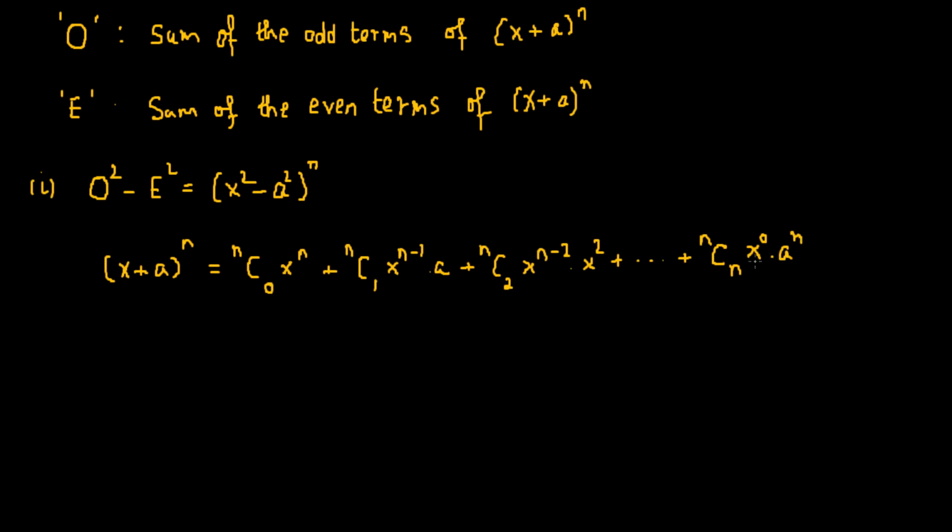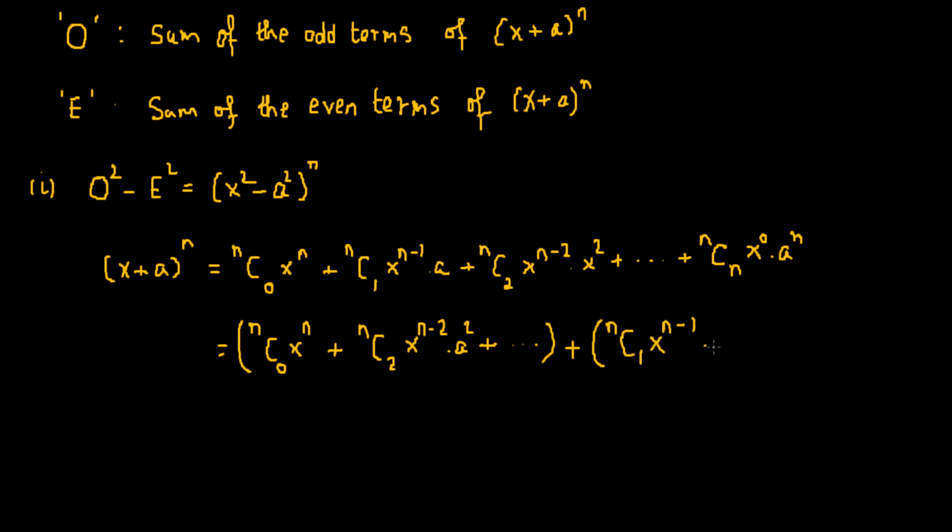Now what we're going to do is combine all the odd terms together. So this is nC0 x to the power of n plus nC2, the third term, which is an odd term, x raised to the power n minus 2 times a squared, plus all the subsequent odd terms. We're going to write it together and then club together all the even terms. So nC1 is the second term, so we're going to club it with nC3, x raised to the power of n minus 3 times a cubed, and so forth.